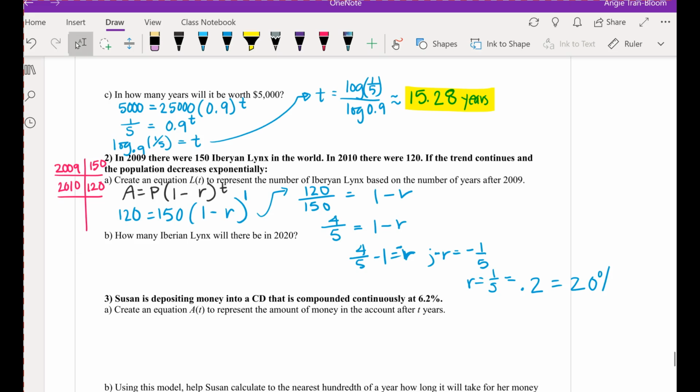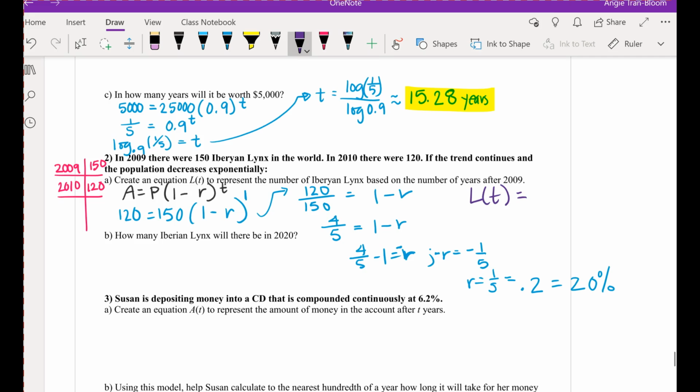20%. Okay. Now, mind you that part A said give me an equation in terms of L of T. So L of T equals, you have to fill in the initial value that we were starting with.